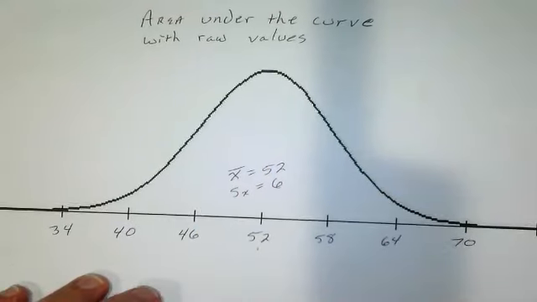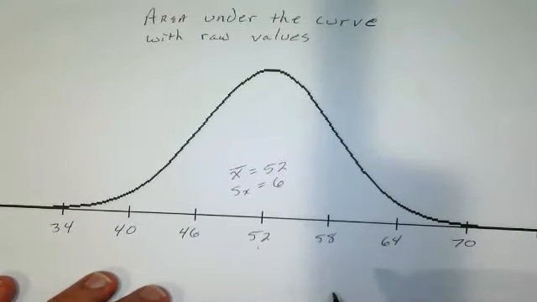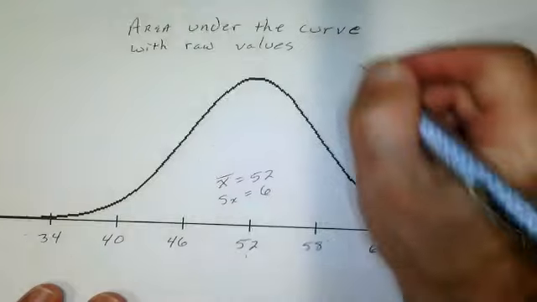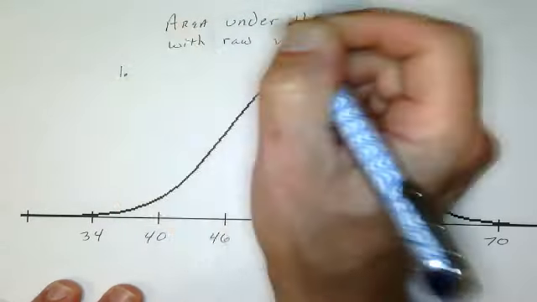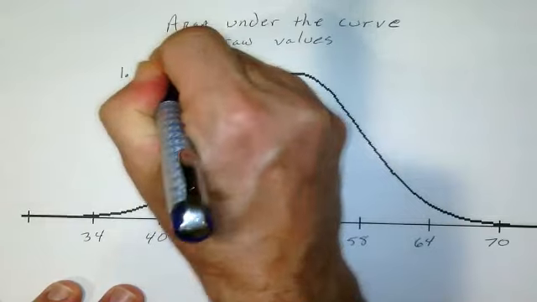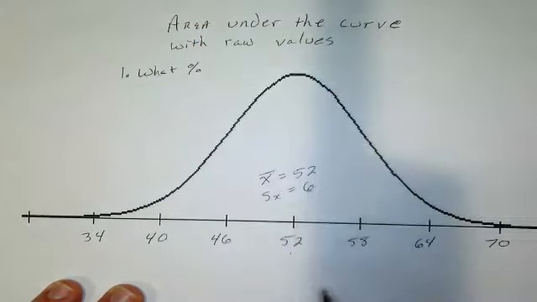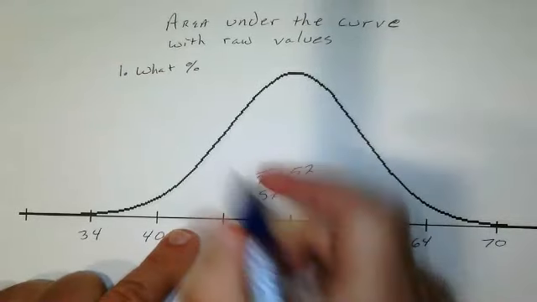So I want to know a couple of things. The first thing we're going to look at, let's determine what percent of our population scored between, say people randomly drew some numbers, and we want to know what percent of our students, of our school, let's say, fell between a 45 and a 65.